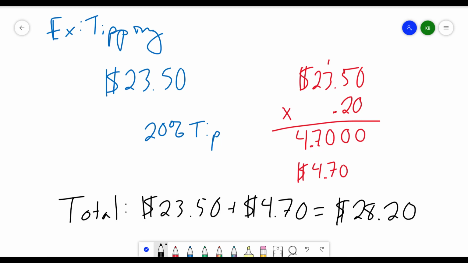So what I'm actually doing is paying 20% more than the bill amount. So this was 100% of the bill amount. This was 20% of the bill amount. So when I pay it all together, this is actually 120% of the bill amount that I'm paying.